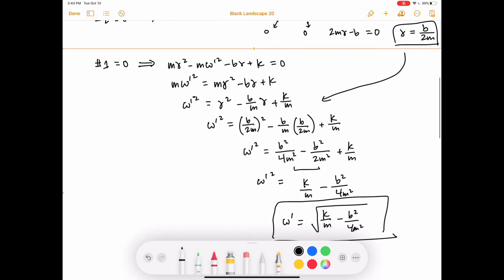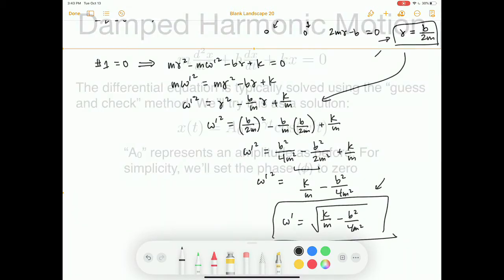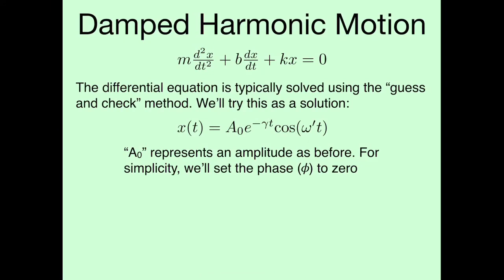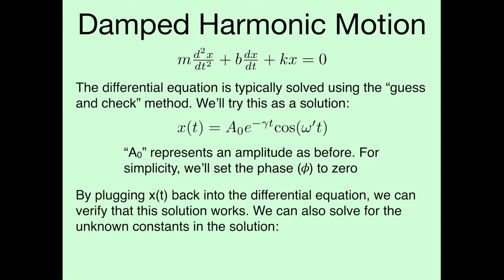So in order for this solution to work, we need gamma to equal what we found over here in this box, and we need omega prime to equal this. But as long as that's the case, this works as a solution, and this is how a damped harmonic oscillator will behave. Okay, so that was admittedly a little bit painful to go through all that, but now that we've done it, we know the result, and the result is this works as a solution for the damped harmonic oscillator.